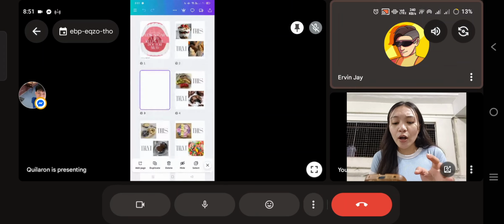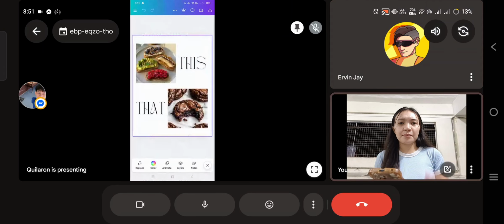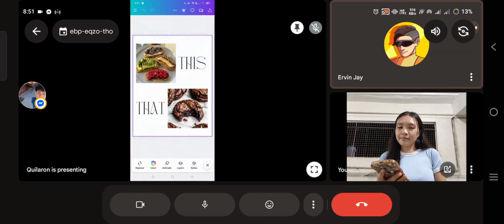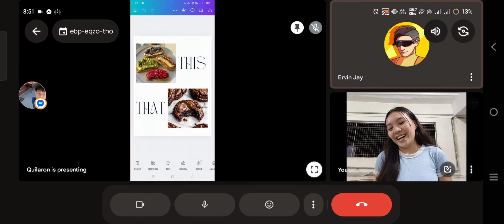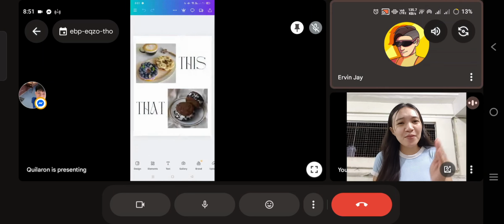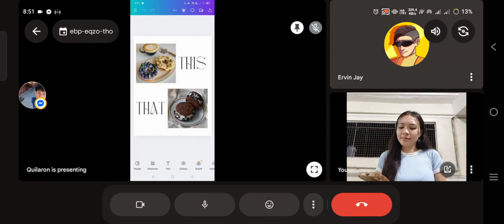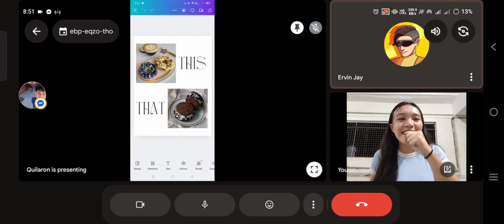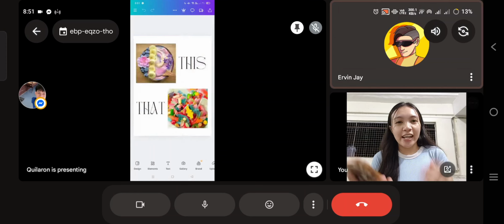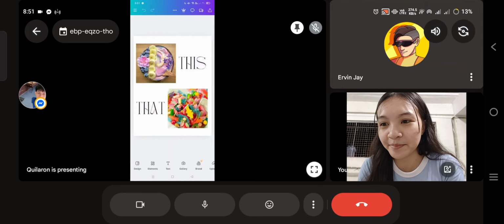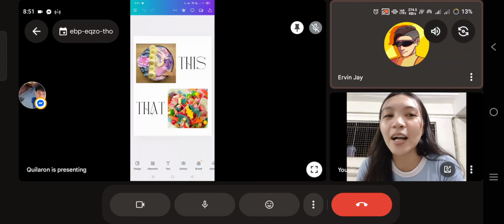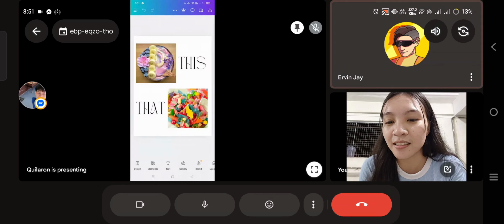Okay, number three. This. Again. Wow, very good. Number four. This. Wow, that's good. This. That's gummy candy. So you have more chance of getting tonsillitis because it is very sweet.